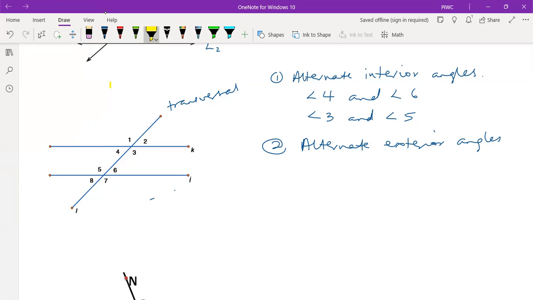If we take angle 2, it's on the outside, the exterior, and then angle 8, angle 2 and angle 8, they are on either side of the transversal and on the outside.